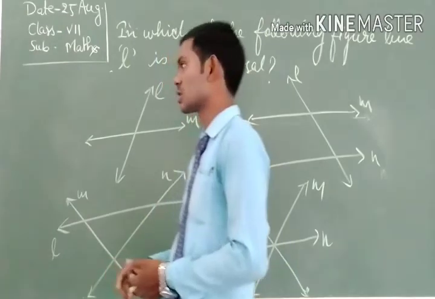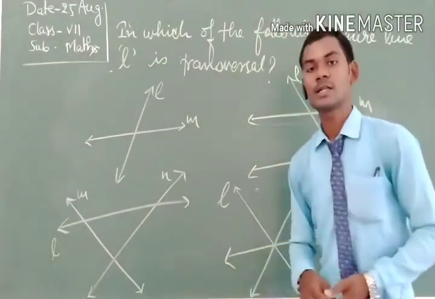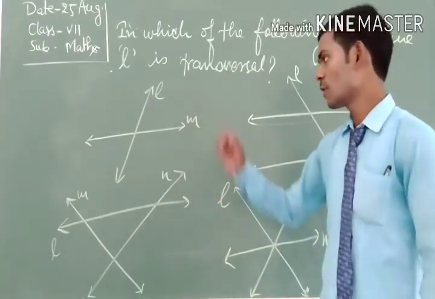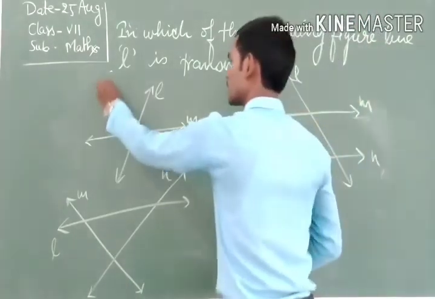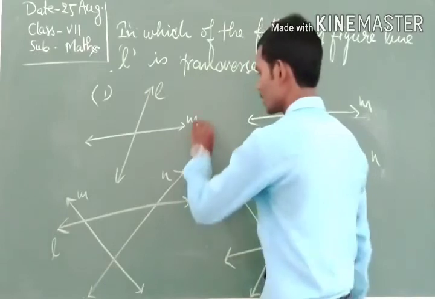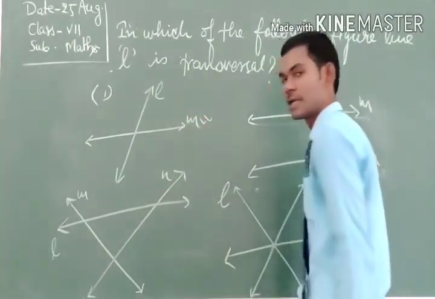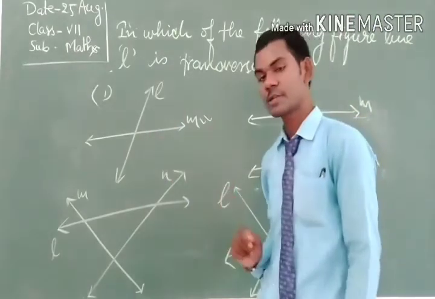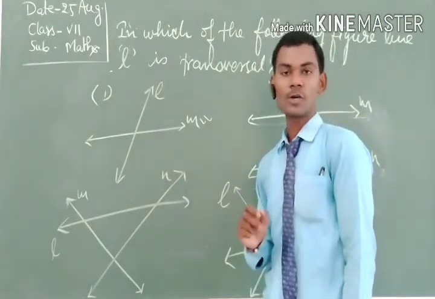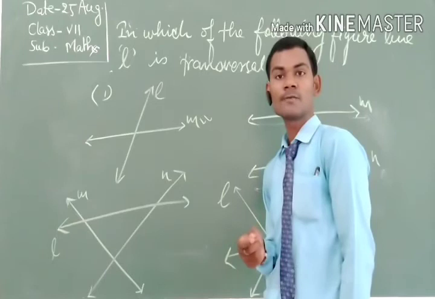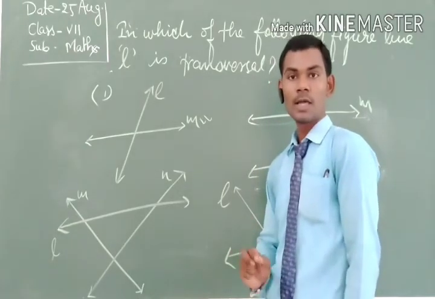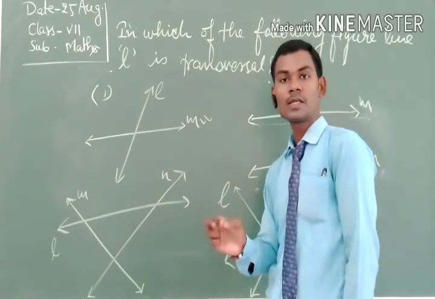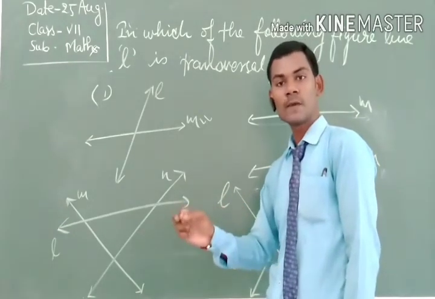So in the question given here, we have to find whether the line L is a transversal or not. In the first figure, we see that only one line, that is M, is given, and the line L intersects it. According to the definition, a line which intersects two or more lines means there should be at least two lines given.